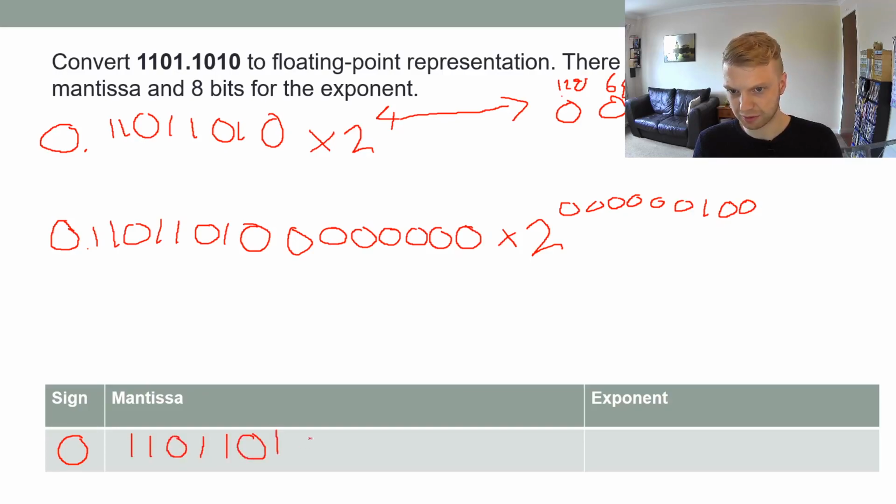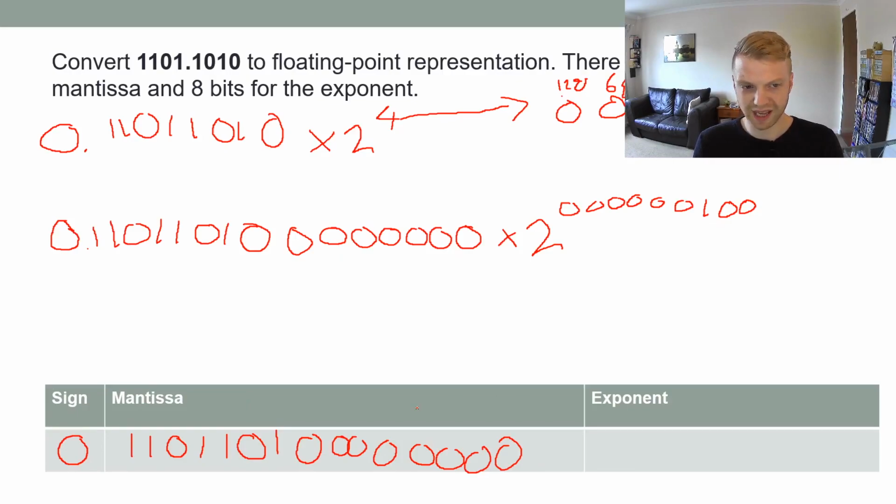So many people think that's right. 1, 2, 3, 4, 5, 6, 7, 8, 9, 10, 11, 12, 13, 14, 15. Because we're sticking to a 16-bit mantissa, so many people add an extra 0 here and then keep the 0 here, and before you'd get the mark for this bit, you would lose a mark for this bit. So the 16-bit mantissa, the first bit is the sign bit, then the next 15 digits.